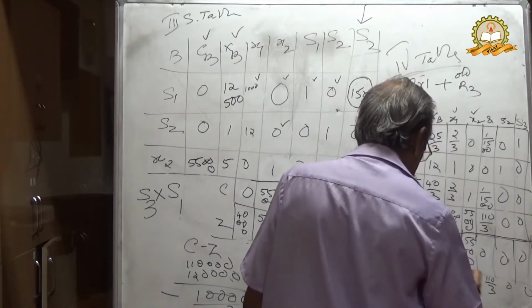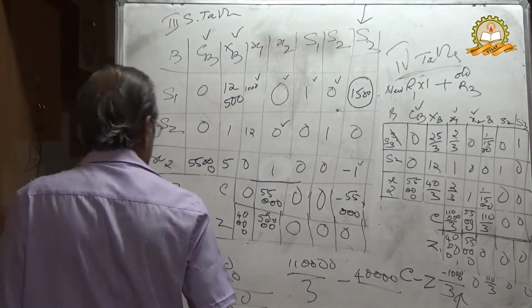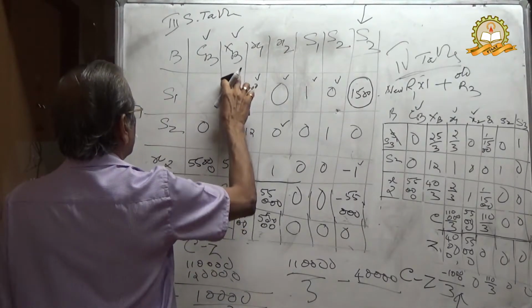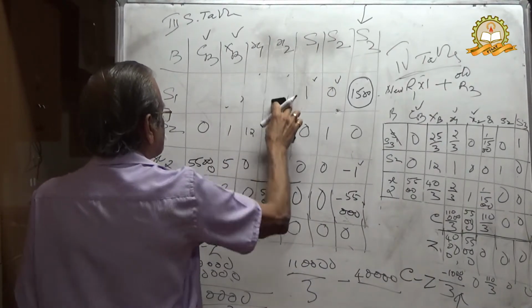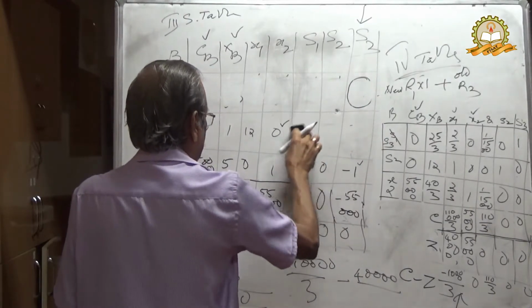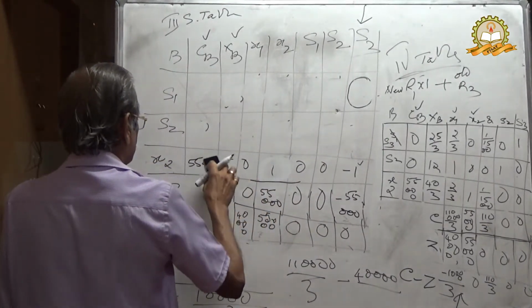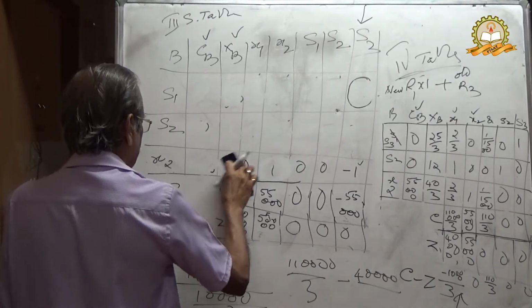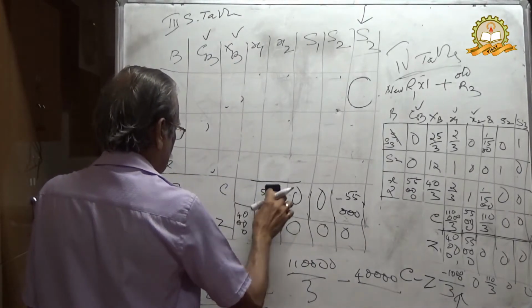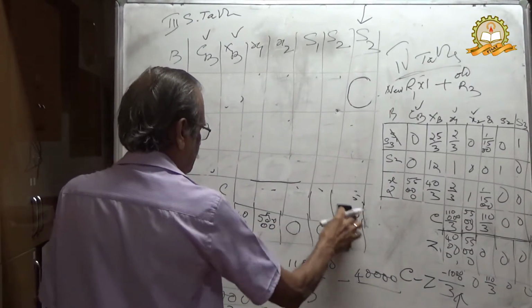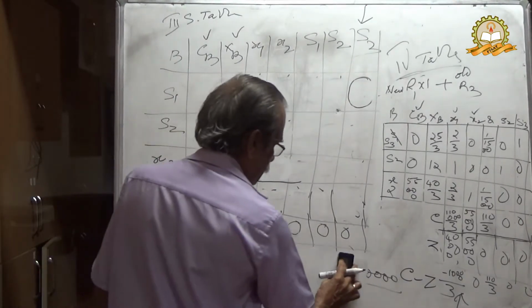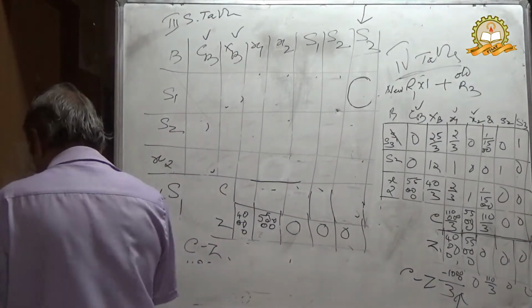Therefore, this is your pivot column. Therefore, the next simplex table, the revised simplex table, will be as follows.